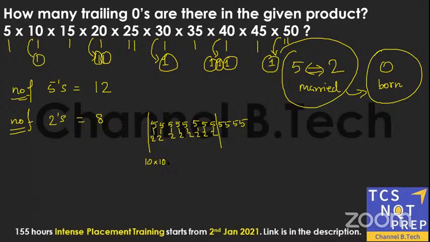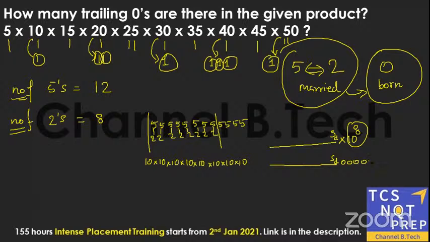So 10, 10, like this, 8 times 10 will appear. When you multiply the remaining terms, you will get some value with a significant digit at the end, which is multiplied with 10 power 8. Which means the last significant digit followed by 8 zeros. So these are the trailing zeros.